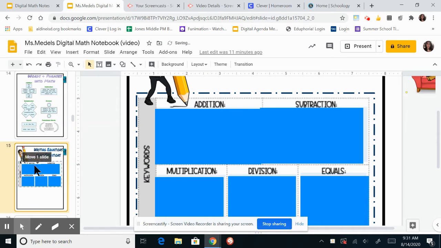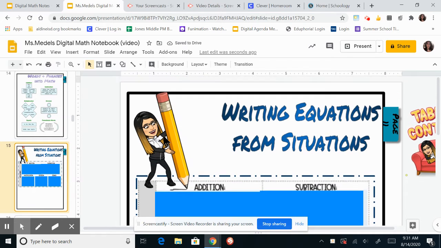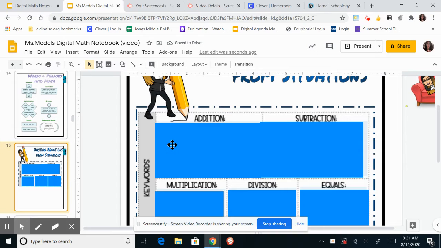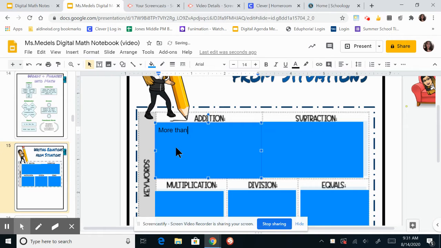So we are going to jump into writing equations from situations. We're going to go into addition first, and some words that we typically see are more than, and I'm going to press the tab button to make a big space. Then we have total.